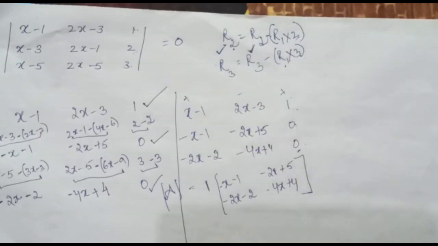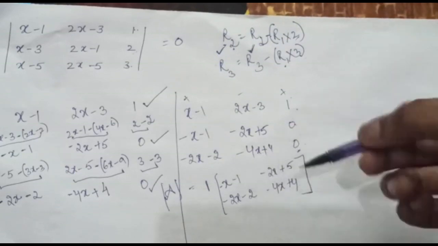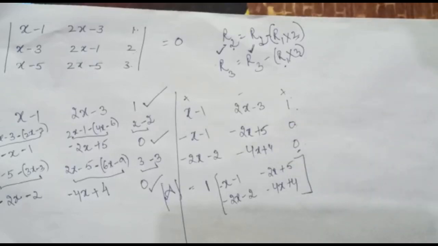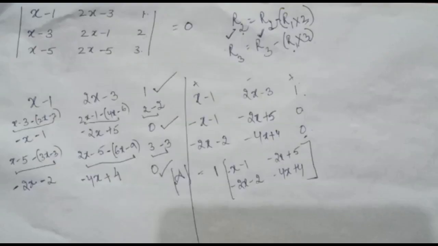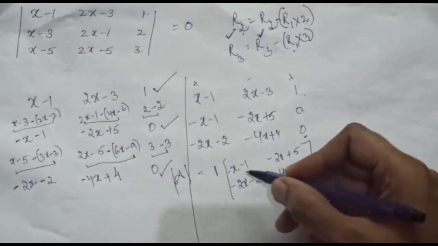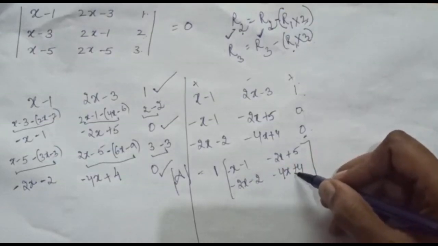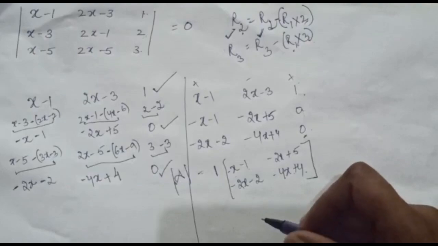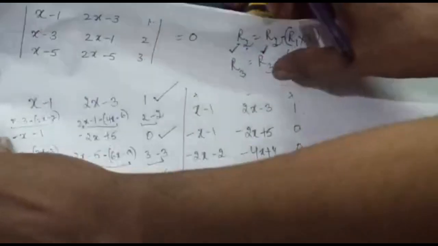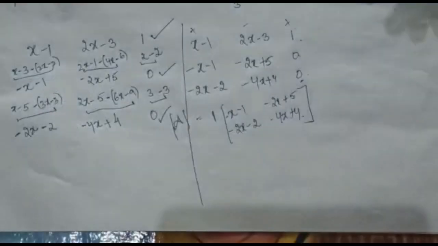So here let us calculate the determinant by cross multiplying, because now it is 2 by 2, we will cross multiply and put a minus sign in between. So when you cross multiply minus x minus 1 with minus 4x plus 4, let us write directly what we will be getting from here.